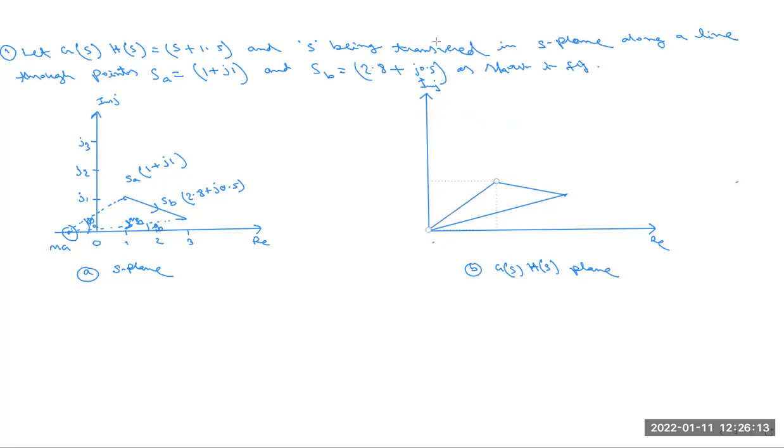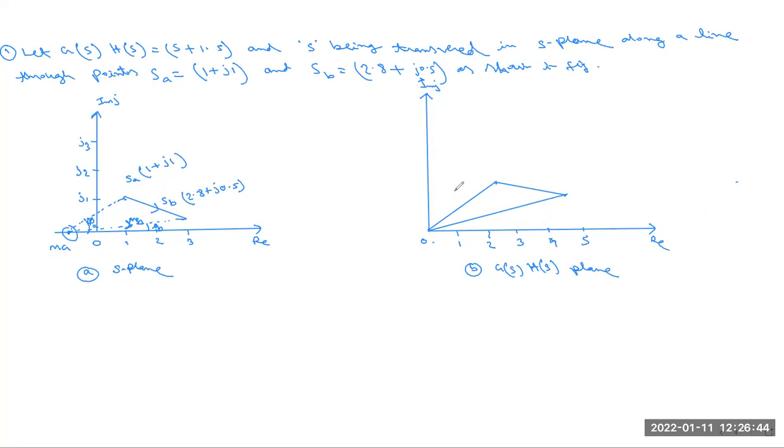This point. So this is 0, then this is 1, this is 2, this is 3, this is 4, and this is 5, and so on.